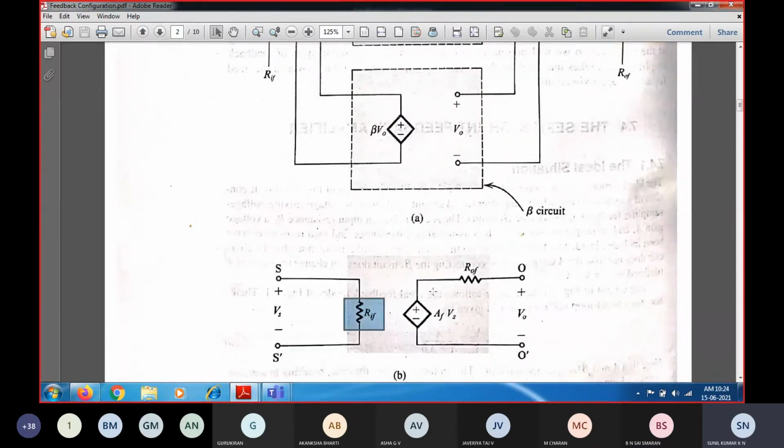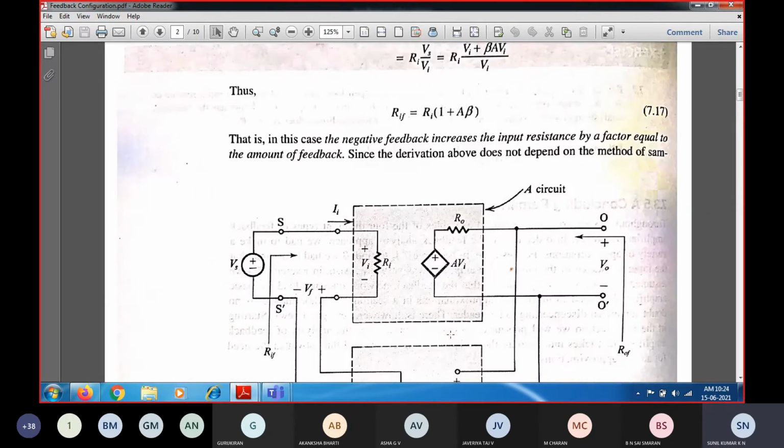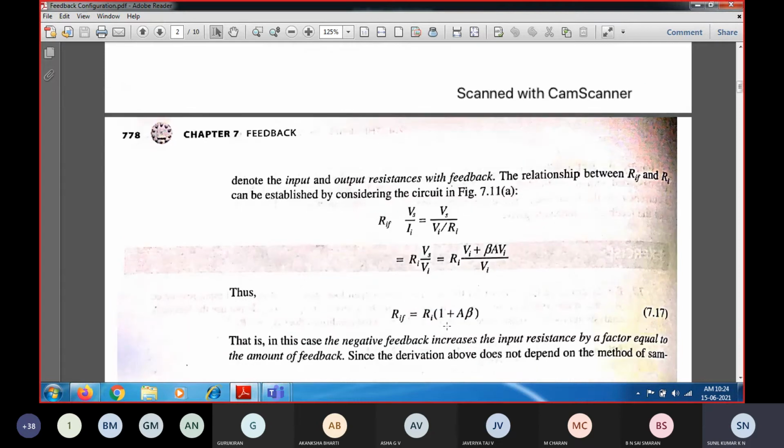Here I have not connected any load resistance, so that is why I call this AF the open circuit voltage gain, because I am not loading any RL. The gain you get from this is called the open circuit voltage gain of the feedback amplifier.